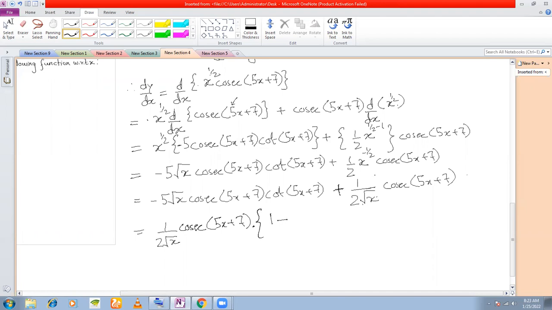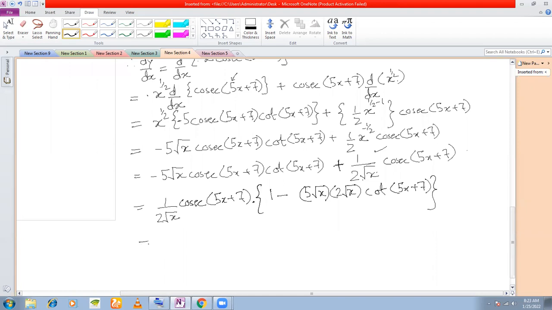So that is why I'm getting 1 here. Okay. Minus, and you are getting 5 root x into 2 root x cot 5x plus 7, right? If I take 1 by 2 root x cosec 5x plus 7 common. So now if you simplify this, you will get 1 minus 10x cot 5x plus 7. And that should be your answer, to express it in a proper manner. Okay.